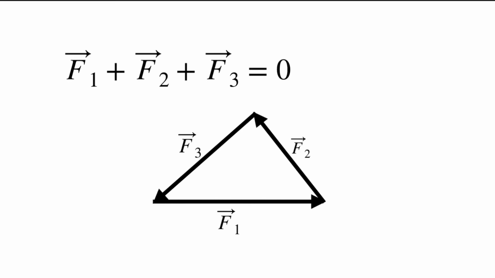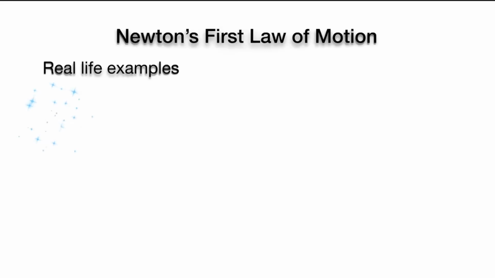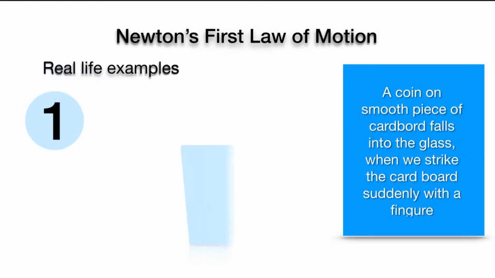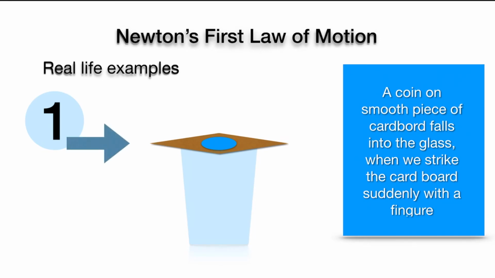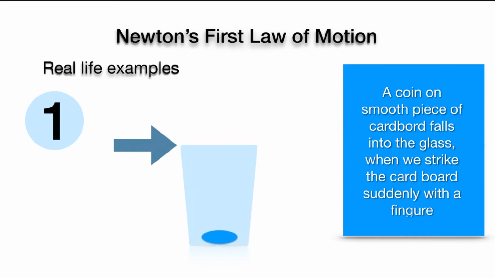Now let's check out a couple of real life examples to understand the application of Newton's first law of motion. The first example is a coin on a smooth piece of cardboard that falls into the glass when we strike the cardboard suddenly with a finger. In this case, initially both cardboard and coin are at rest.